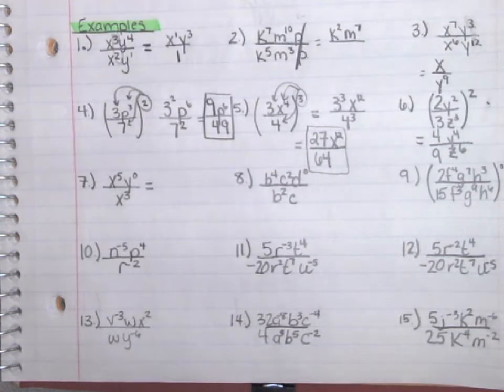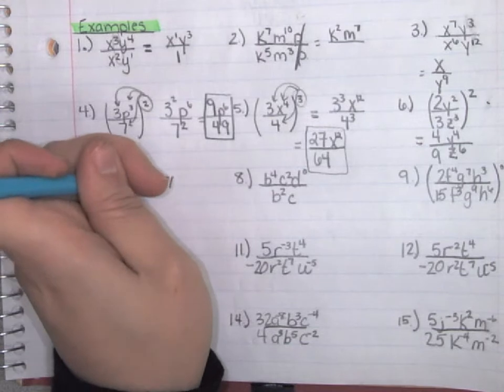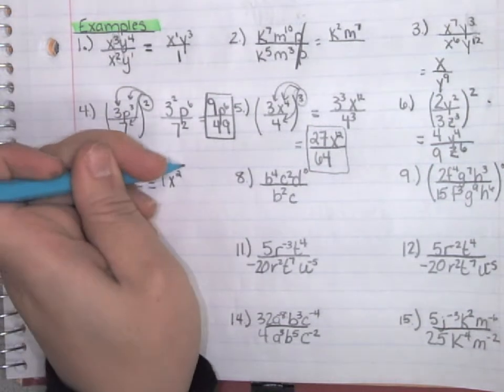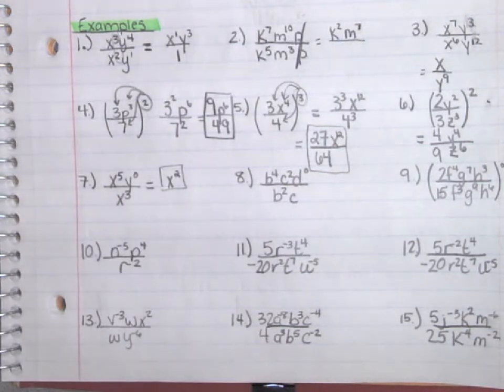What's 5 minus 3? 2. It's going to stay on top, right? What happens with that y? Turns into a 1. Do I have to write 1 times something? Nope. That x to the 2, that's it. That's the answer. It's that simple. Done. That's it. Zip. 0. Zilch.